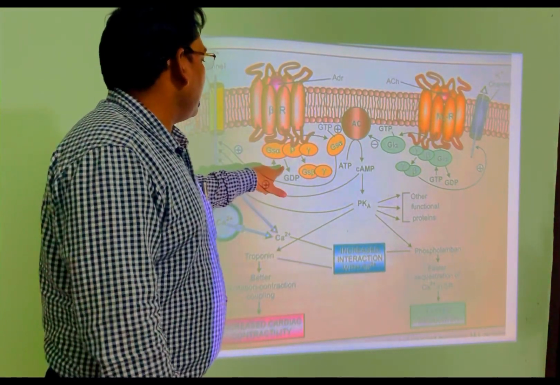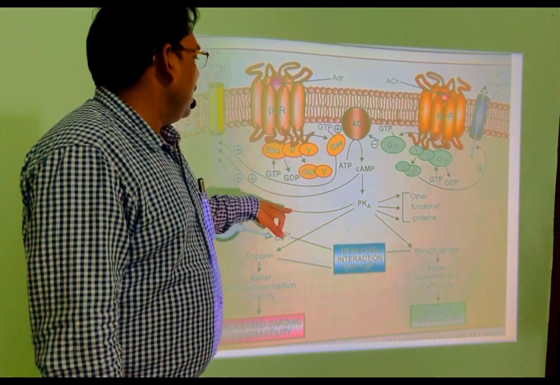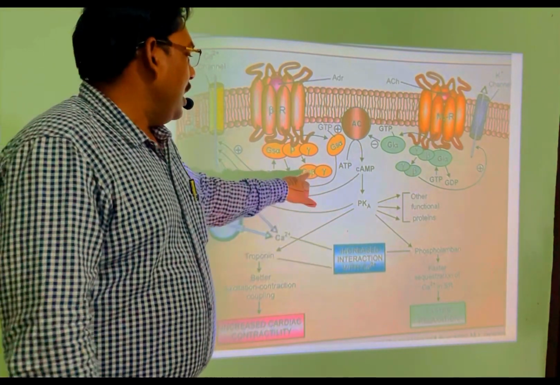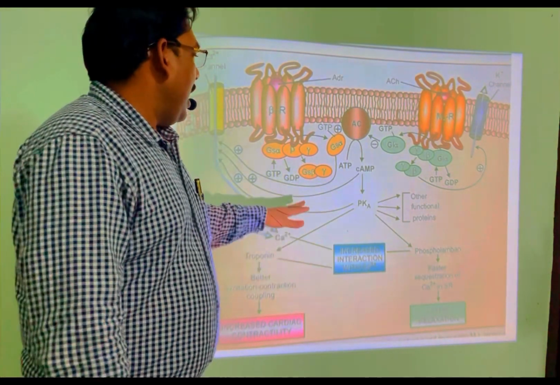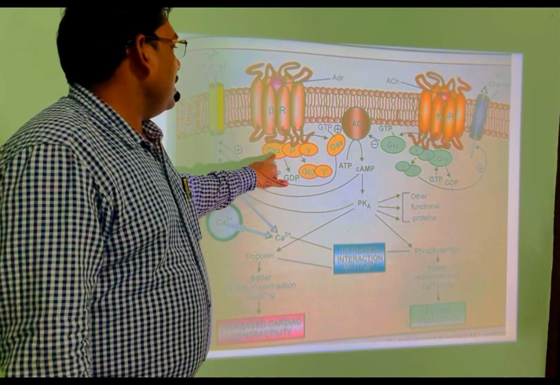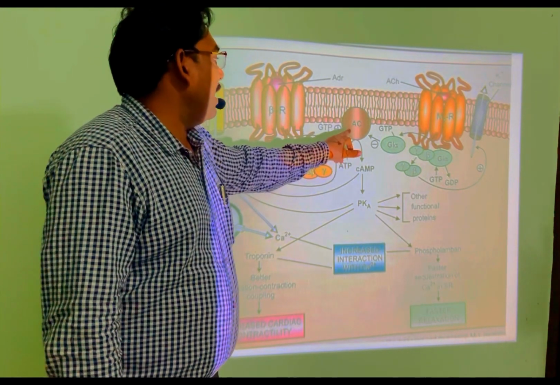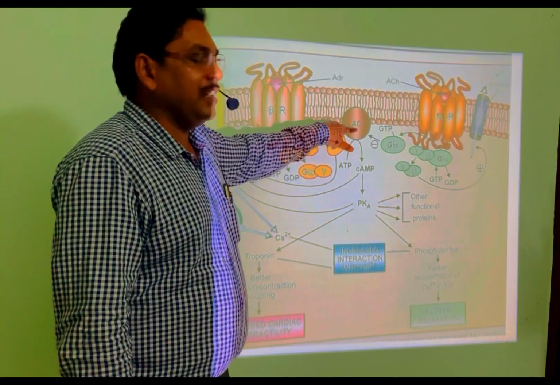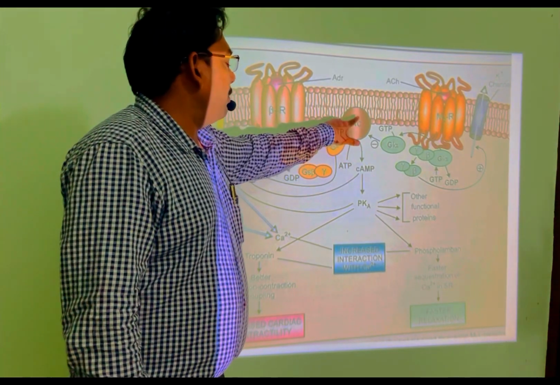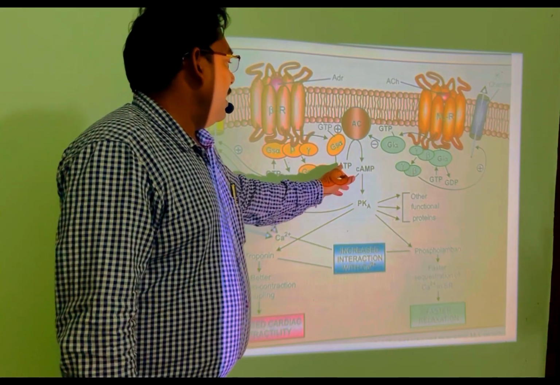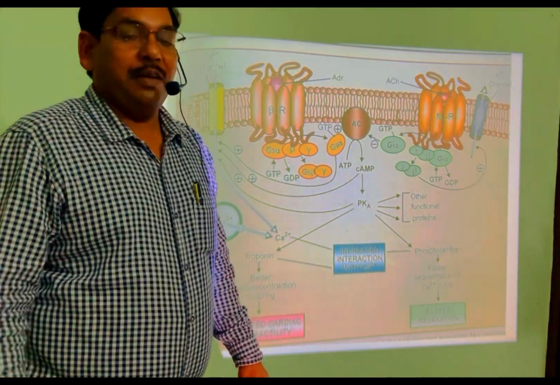If agonists bind, they stimulate the Gs receptor, and after dissociation of alpha and beta-gamma, the Gs influences adenyl cyclase attached to the inner side of the membrane. After that, ATP is converted into cyclic AMP.